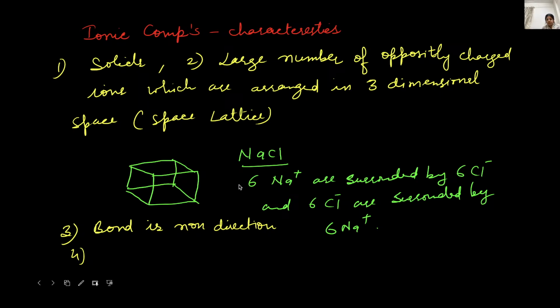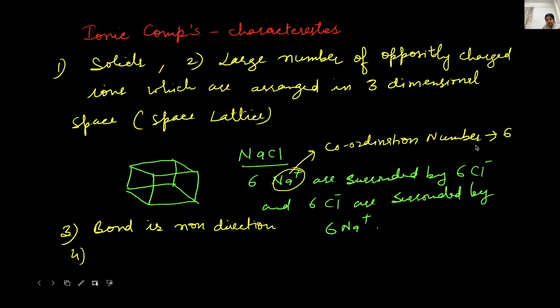We have seen that 6 sodium ions are surrounded by 6 chloride ions. So we can say that sodium ion has coordination number equal to 6. This means that the sodium ion is surrounded by 6 oppositely charged chloride ions.